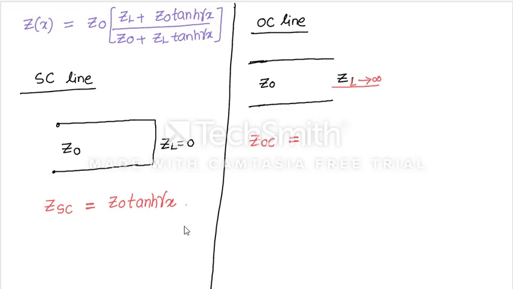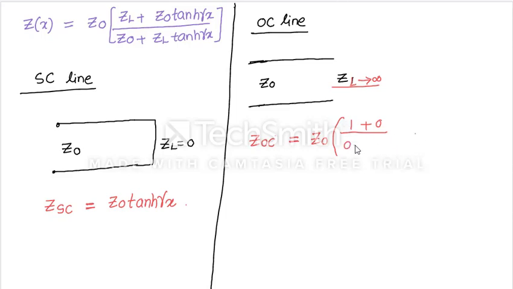Here ZL is the reason for the undefined form, so we differentiate with ZL. Differentiating, this is Z0 into 1 plus 0, since there is no ZL term.